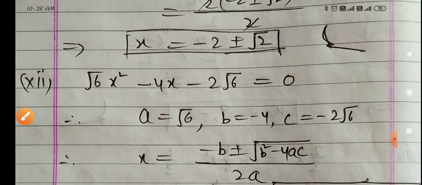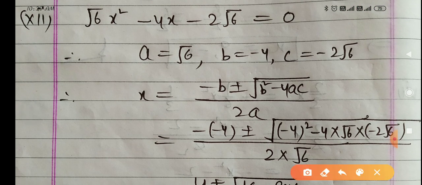Next, one more part, the 12 part you can see. In the 12 part, the equation given is root 6 x square minus 4x minus 2 root 6 equals 0. Compare this with the standard equation. a equals root 6, b equals minus 4, c equals minus 2 root 6. Put the values in the quadratic formula, minus b plus minus under root b square minus 4ac upon 2a.